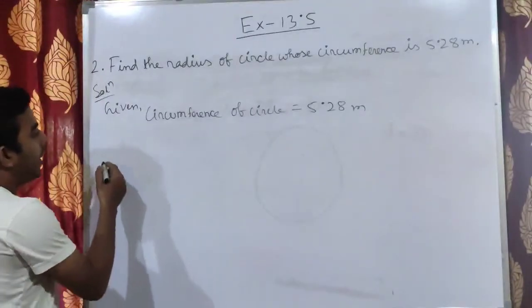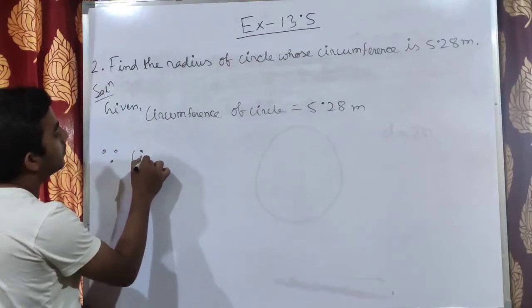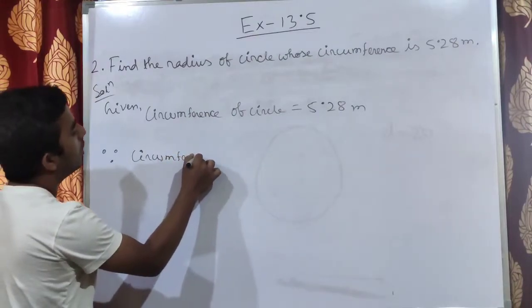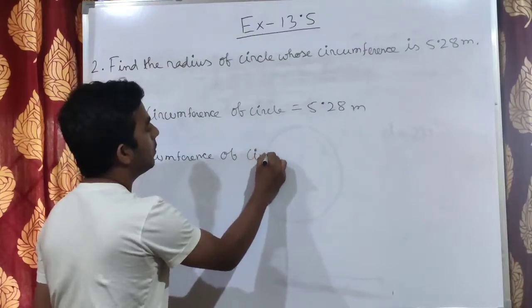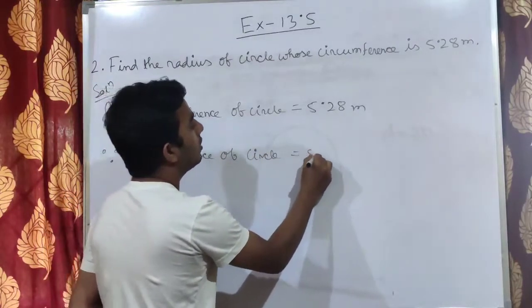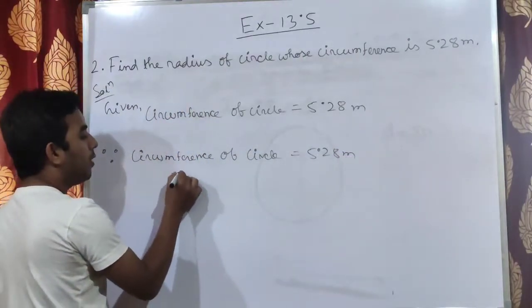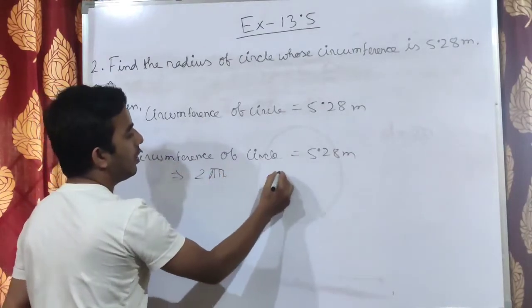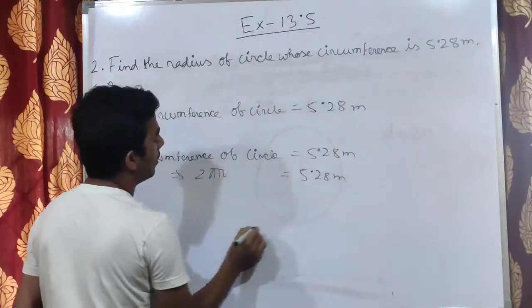So after that we will write, since circumference of circle equals 5.28 meter, and we know the formula of circumference is 2 pi r, 2 pi r equals 5.28 meter.